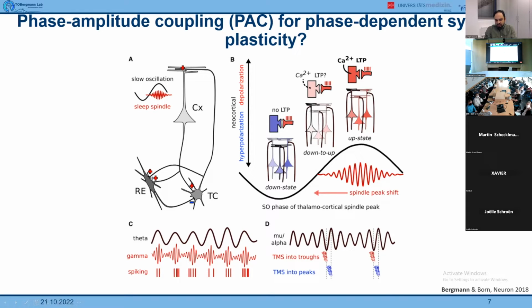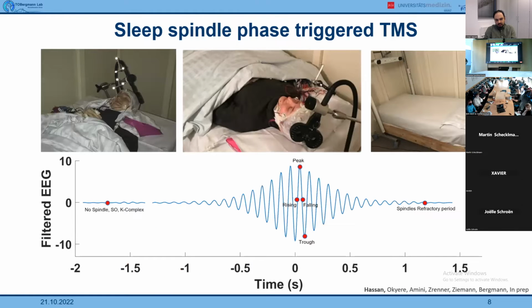So we propose that EEG phase dependent rTMS mimics this procedure of enhancing the phase amplitude coupling, as has been shown in animal work invasively, that there is a theta gamma coupling that is associated with a higher spike rate, as shown on panel C. So we say that with the help of phase triggered rTMS, we might be able to induce, enhance or decrease phase amplitude coupling between at least slow oscillations and spindles, and thereby control this entire story.